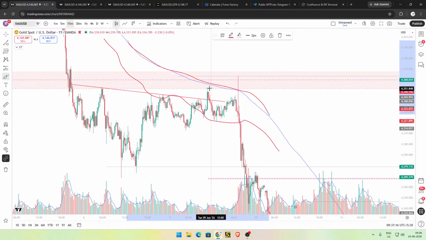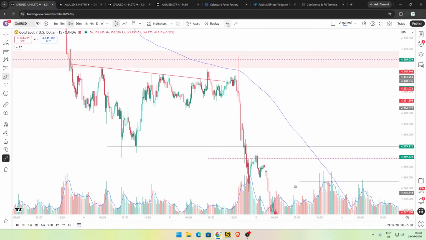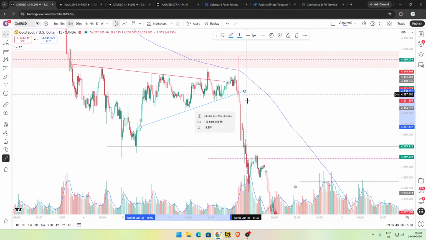It means important buyers were not interested in buying at these areas, and also when it gave the cross, then it came down, it formed a doji. That shows that buyers are not at all interested in this area. And another thing is I saw this trade and I didn't take this trade.